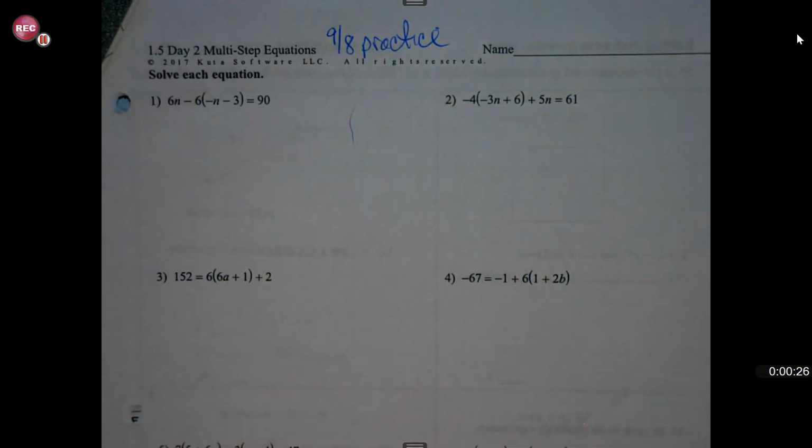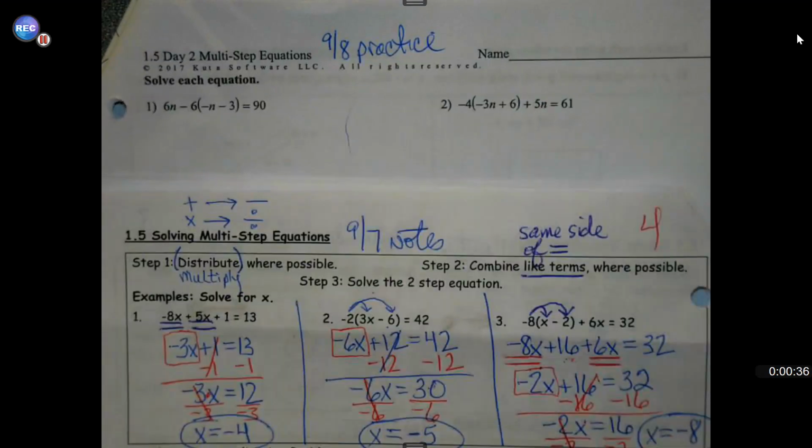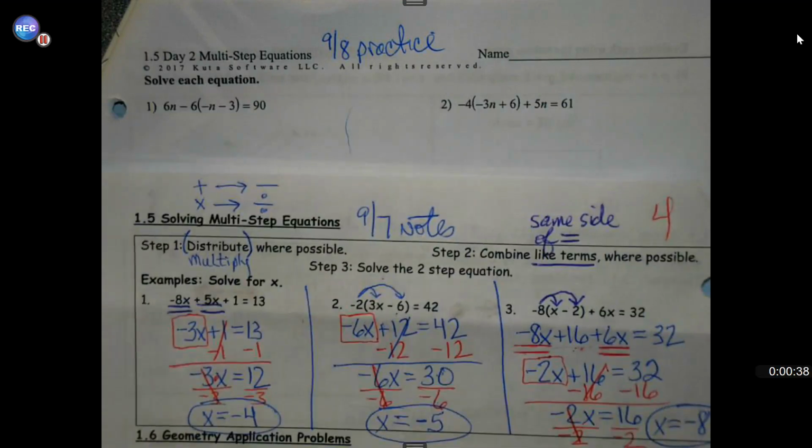Then, also a good idea for me to get out my examples from yesterday if I was here, because again, I want to make sure that I know how to use my notes, since I get to use them on the quizzes anyway.